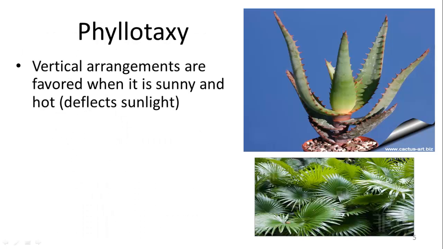Some plants in arid environments don't want to be overexposed to the sunlight, so they may have a vertical arrangement. If you're in an arid, very hot environment, that is a common strategy.